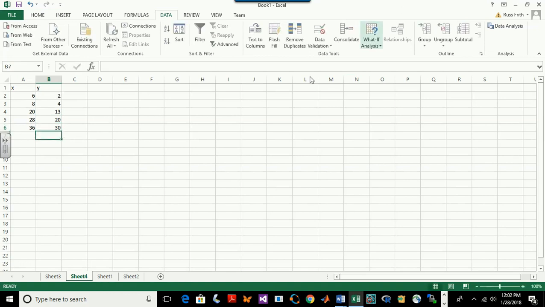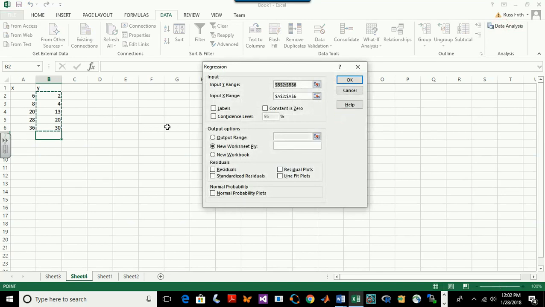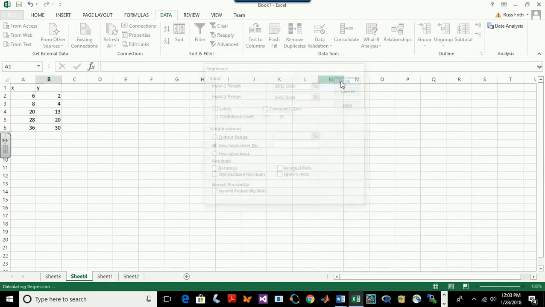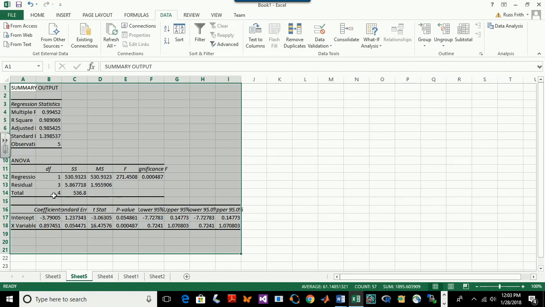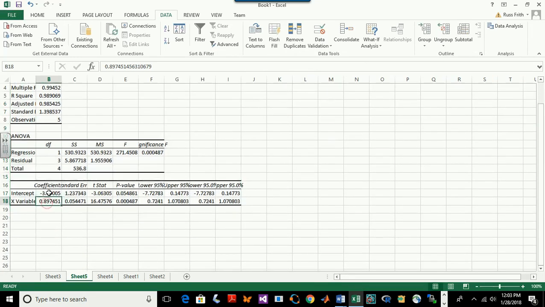All right, and so we can use the data analysis regression. Our y values are here, our x values are here. Our regression equation is found by looking at these two coefficients.